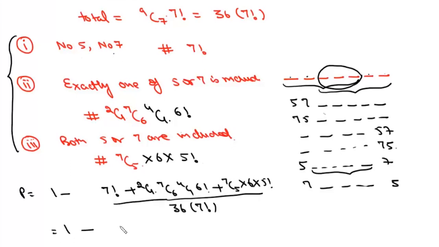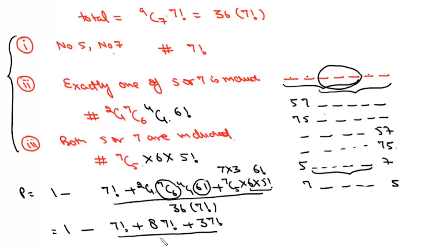Now this is 1 minus, now this is factorial 7. Now 7c6 is 7 and into factorial 6 is factorial 7 and this is 8. So it will be this 8 into factorial 7 and plus, now 6 into factorial 5 is factorial 6 and 7c5 is 7c2 and 7c2 is 7 into 3. So it will be this 3 into factorial 7 divided by 36 factorial 7.